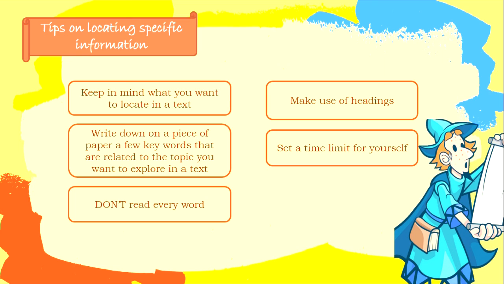The second one is write down on a piece of paper a few keywords that are related to the topic you want to explore in a text. The third one is don't read every word. And then make use of headings. And the last, set a time limit for yourself.